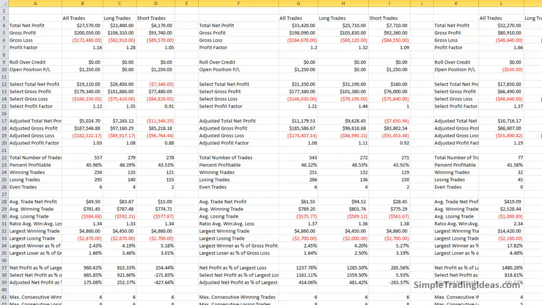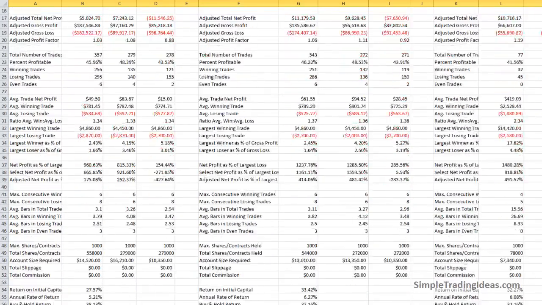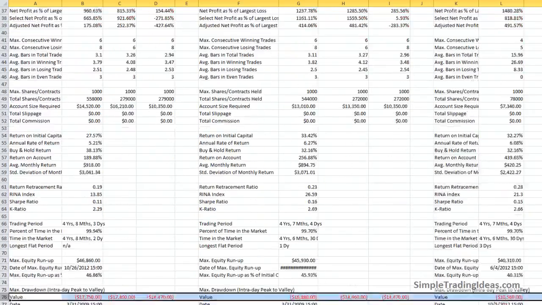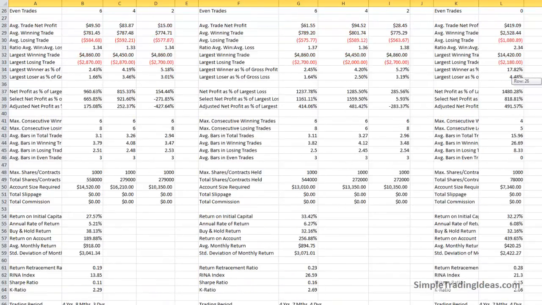There are always tons of additional things to look at, and the fact that this one doesn't have very many trades is always something of concern. And here's something additional too, just to get you to think about it. Where is that figure?